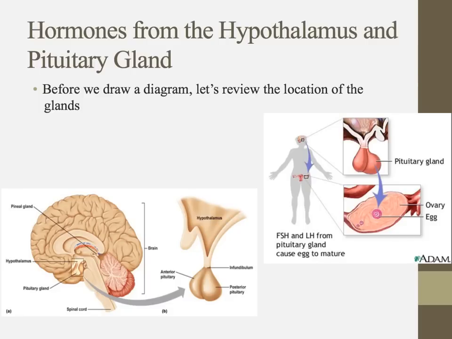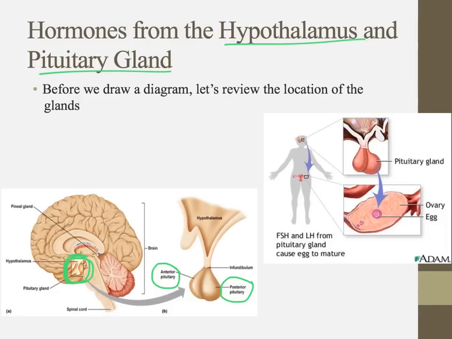Before we get into anything crazy with more of these hormones, let's do a quick review of the location of a couple of glands. We're interested in the hypothalamus and then the pituitary gland. Way deep down in your brain is this little thing that looks like testicles, but it's not. That's your pituitary gland, and we have the anterior pituitary and the posterior. How are you supposed to tell them apart?